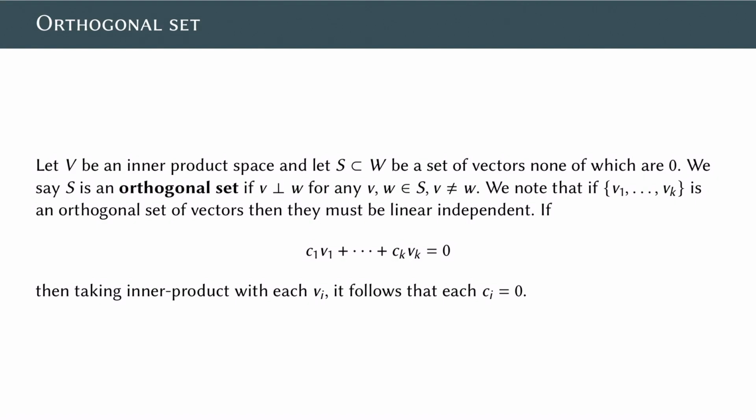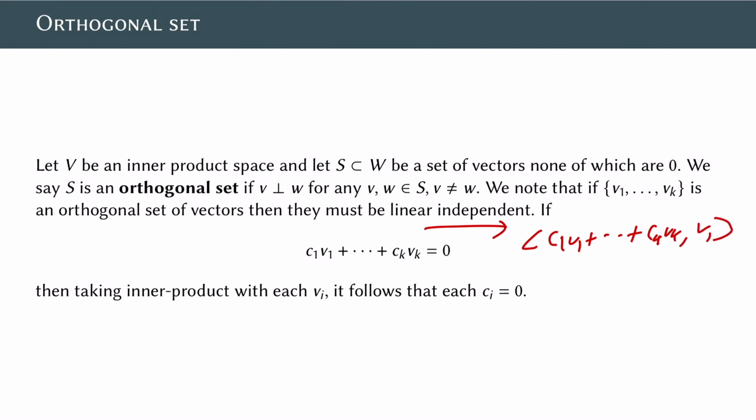Now one interesting remark about an orthogonal set of vectors is, if you take k orthogonal vectors, then they must be linearly independent. For instance, suppose c1 v1 plus dot dot dot ck vk is 0. Then I just take the inner product of c1 v1 plus dot dot dot ck vk with, let's say, v1.